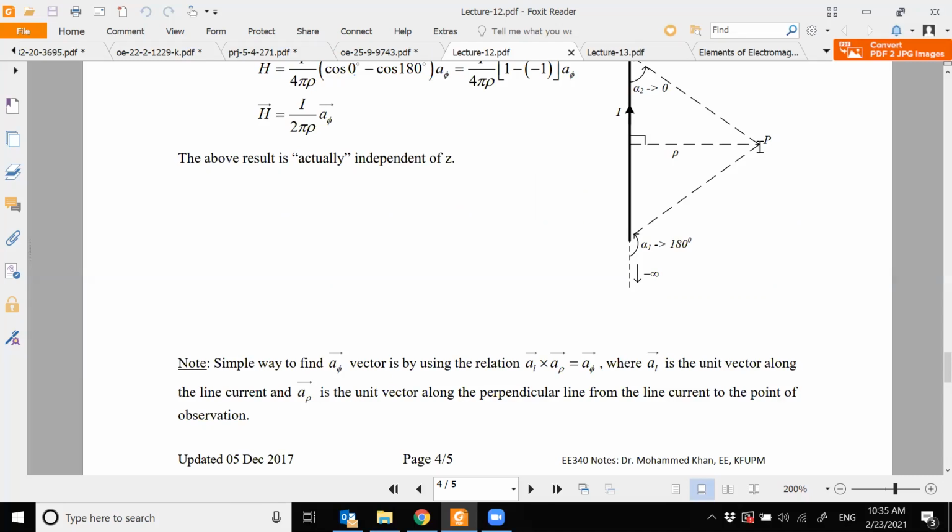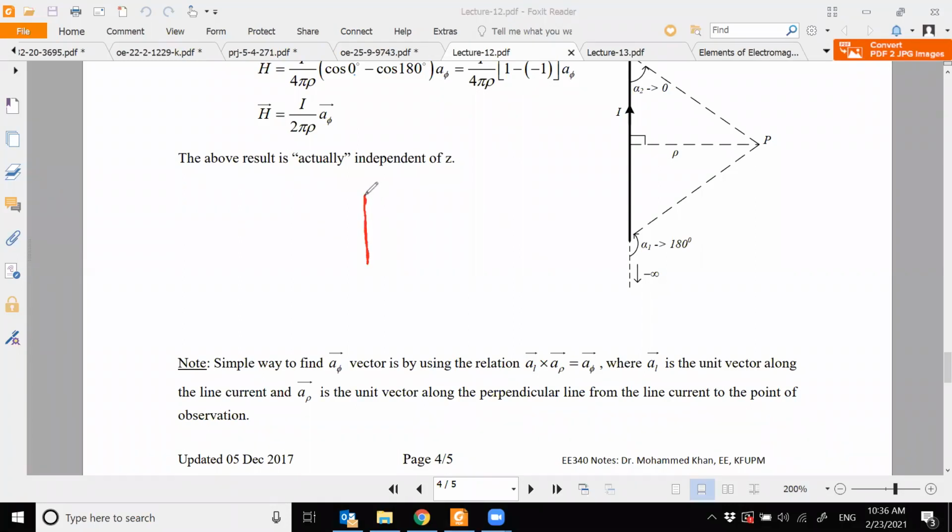For example, if you use x, y, z Cartesian coordinates, what will be the unit vector? Either you can use your right hand rule, or use this rule.